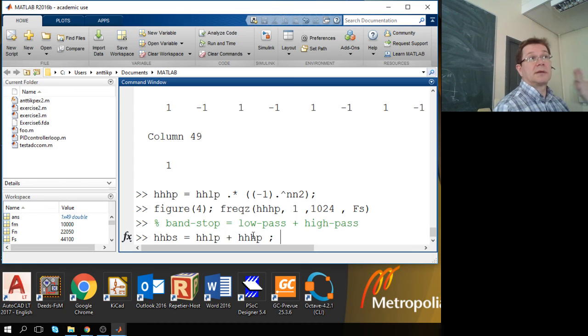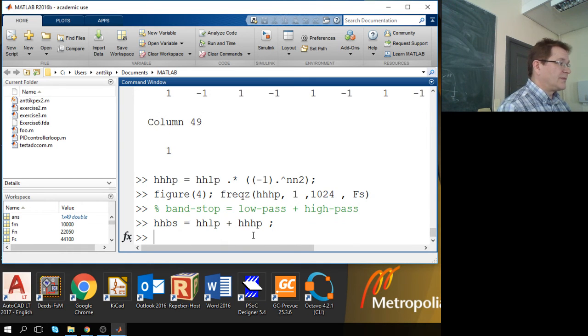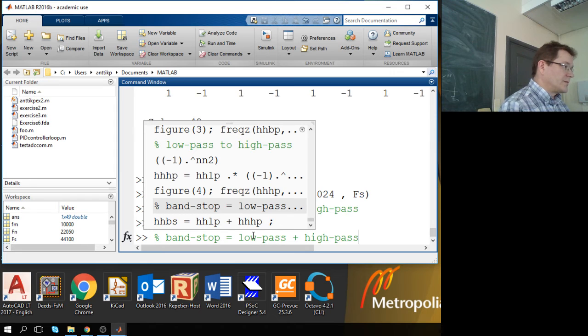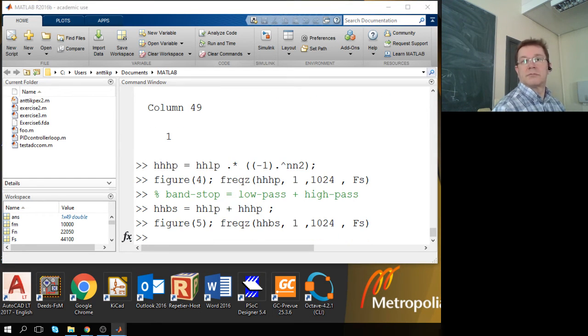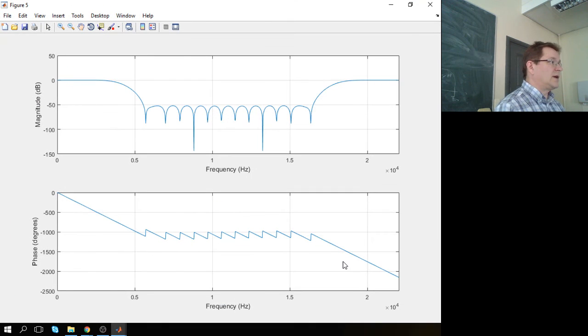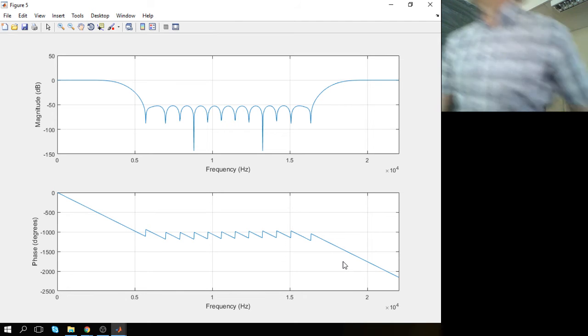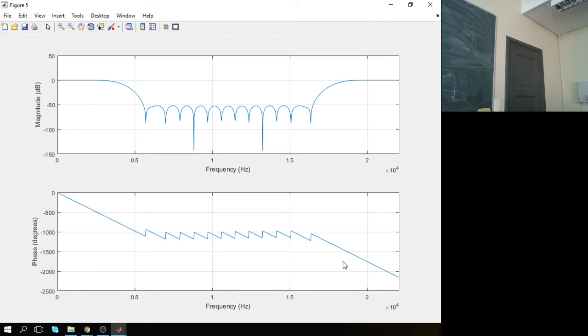As long as the size of the vectors is the same, or actually the order number is exactly the same, then you can do it like that. And one more picture. There you are. And of course, well, I was lazy. Usually it's not that symmetric. Basically, you need to design this one separately from the low pass part.